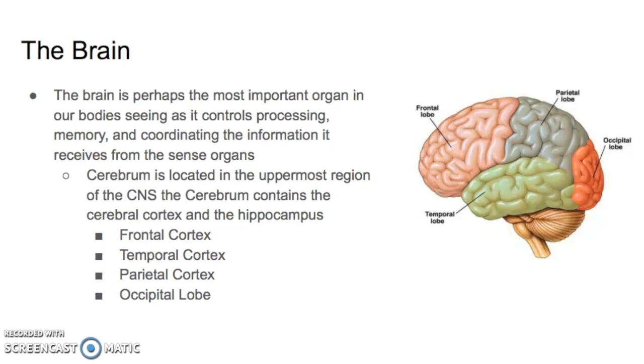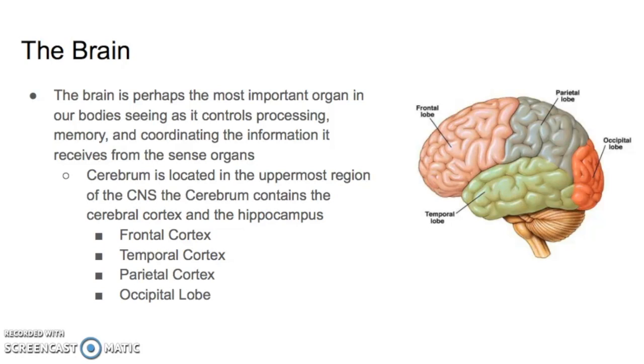Then there are the four main parts of the cerebral cortex. The frontal cortex is in charge of executive functions like planning, reasoning, and self control. Without it, we would be unable to perform day-to-day functions. The temporal cortex processes sensory information and translates it into visual memory, language comprehension, and emotion association.